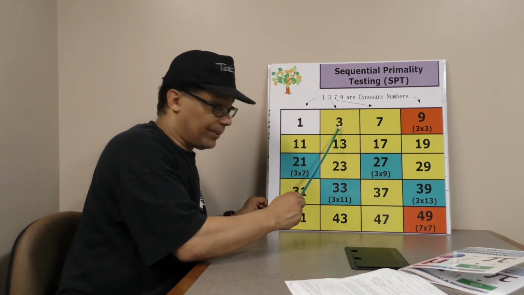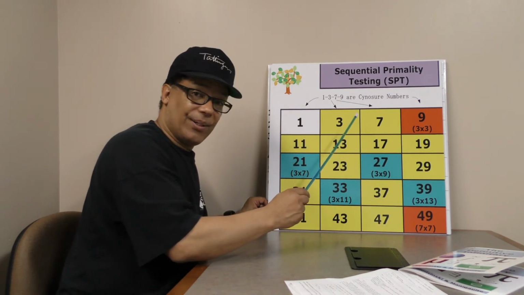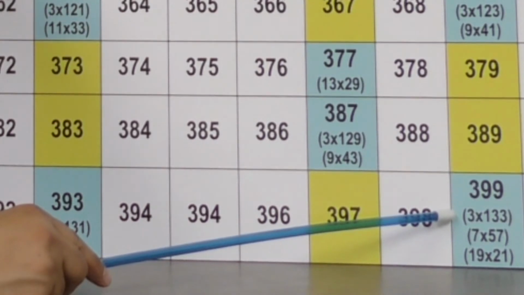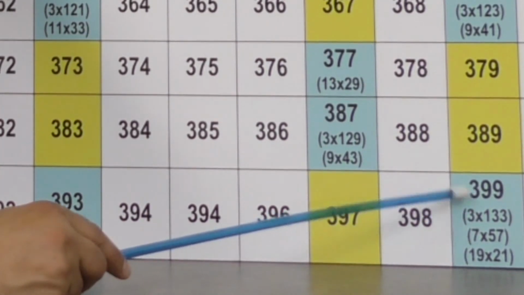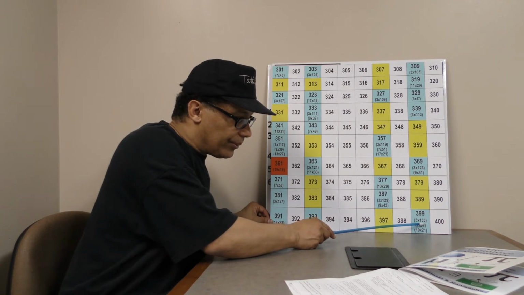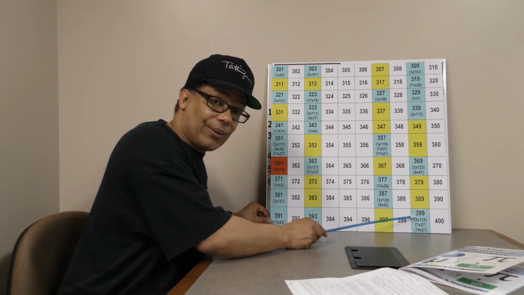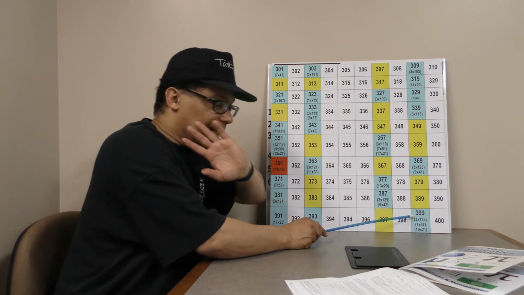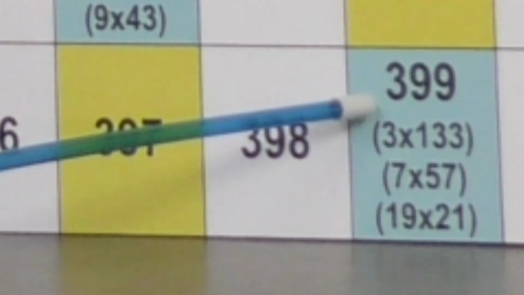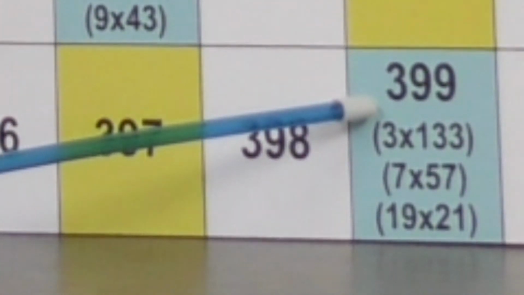So we start at 3. We divide 3 into 399. Instantly, we see that 3 does divide evenly into 399. 3 times 133 produces 399. There are no decimals, so we can stop right there. 399 is not a prime number.